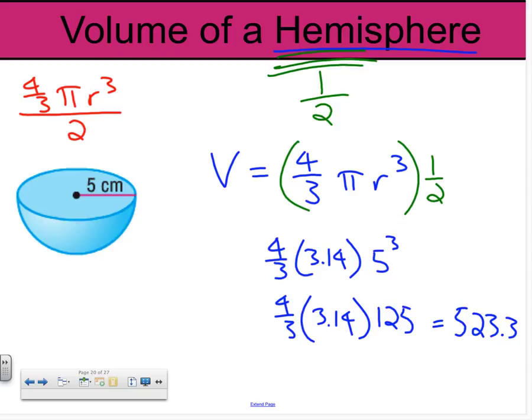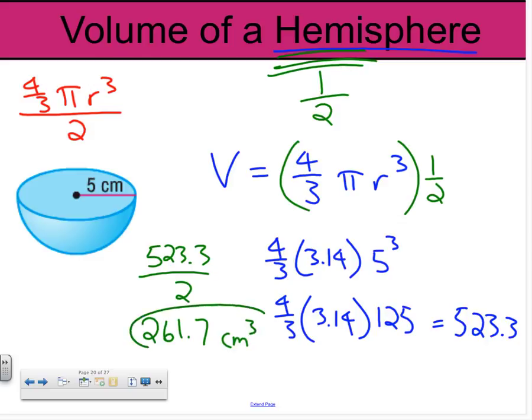So I'm going to take 523.3, divide it by 2, and when I do that, I get 261.7. And don't forget our units, which are centimeters, and because it's volume, those are cubed.